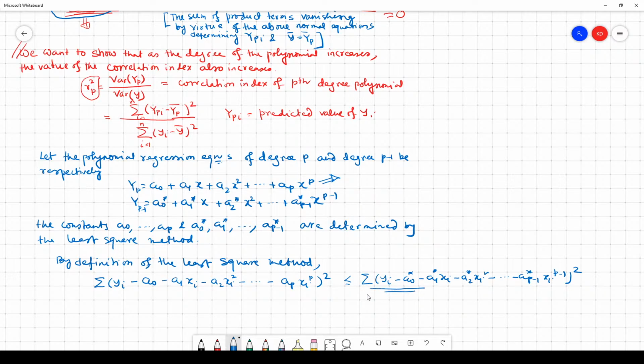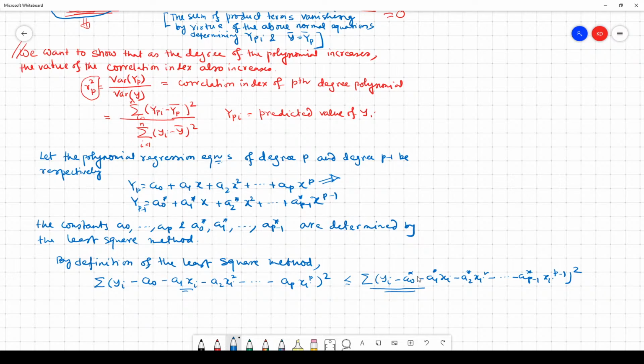This sum of square for the p minus 1 degree polynomial, the right hand side, should be greater than or equal to this part, because here I use a pth degree polynomial. Can you justify how I can reach this?